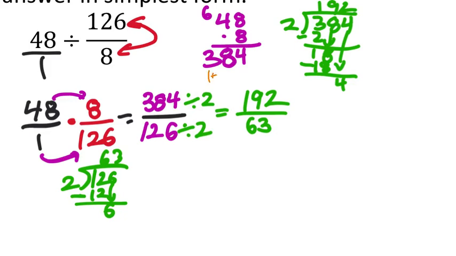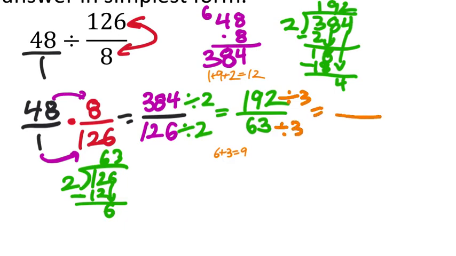So that's a 1 plus 9 plus 2 in the numerator. That's 12. So that's divisible by 3. But what about the 63 denominator? Well, 6 plus 3 is 9, and that's divisible by 3 as well. So that means that 192 is divisible by 3 here, and 63 is as well.